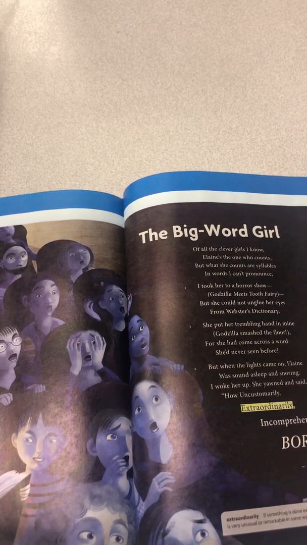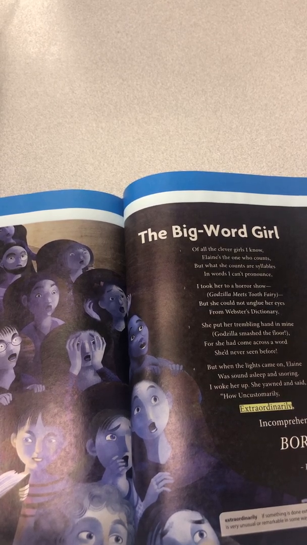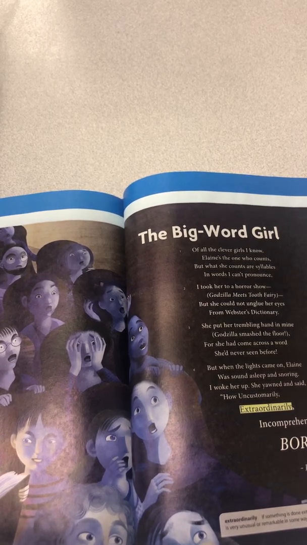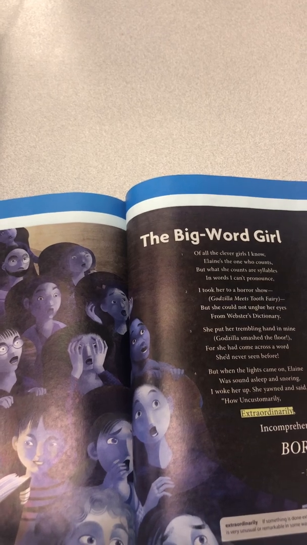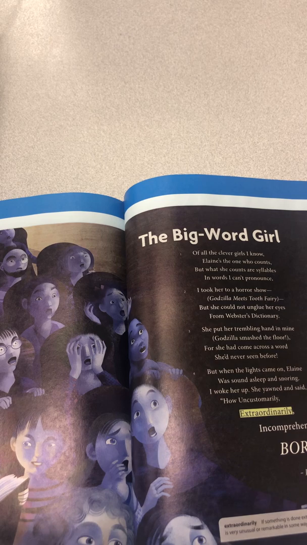The Big Word Girl. Of all clever girls I know, Elaine's the one who counts. But what she counts are syllables, and words I can't pronounce. I took her to a horror show, Godzilla Meets Tooth Fairy, but she could not unglue her eyes from Webster's dictionary.